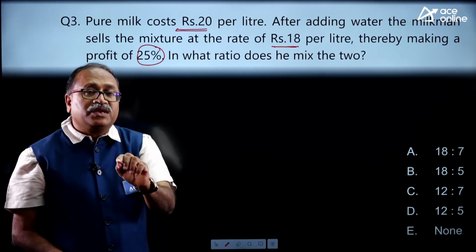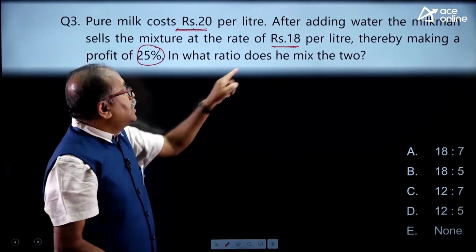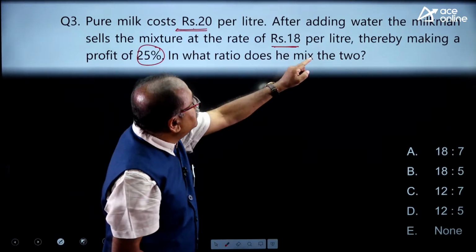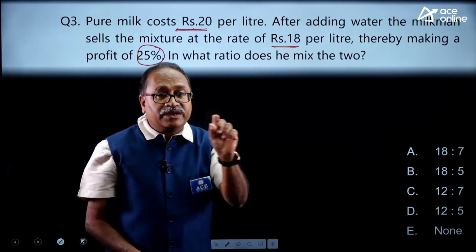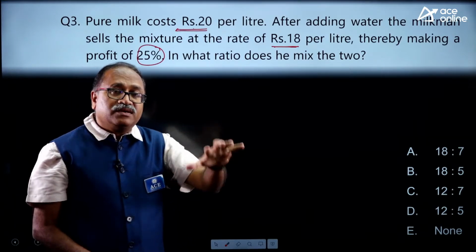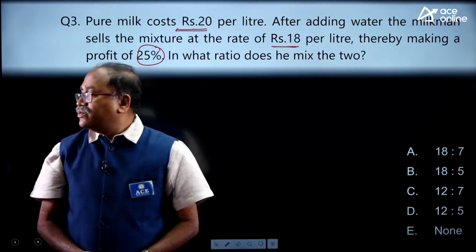Once you get the cost price, I have the milk cost price, I will get the mixture cost price, and you put the water he added, and we know the water cost will be 0. Placing them in the alligation mixture method, you will be able to find the ratio.